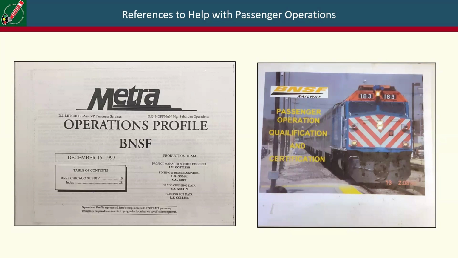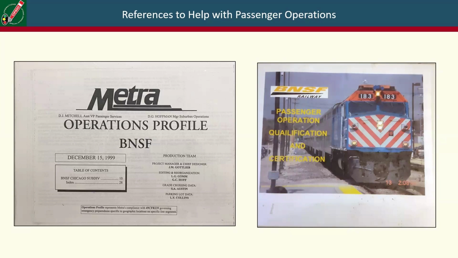And on the right side, many commuter railroads will have these. This is the book the engineers on the BNSF/Metra line will use to qualify to run on that line. Pretty much everything you want to know about that line is in that book, including details about the engines and everything.